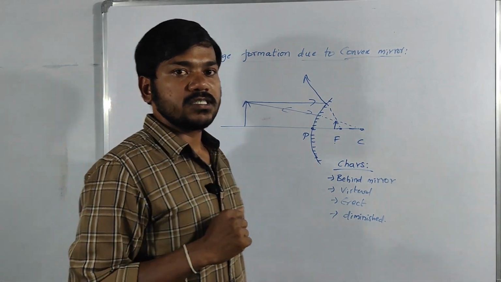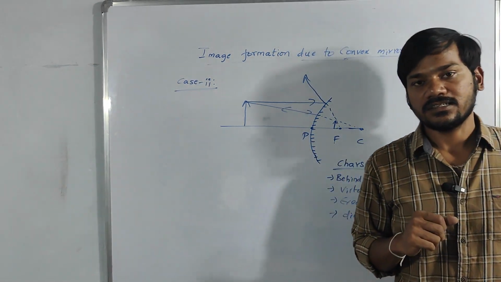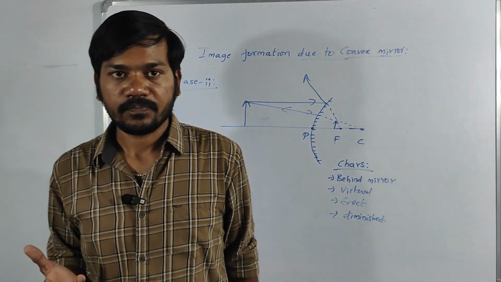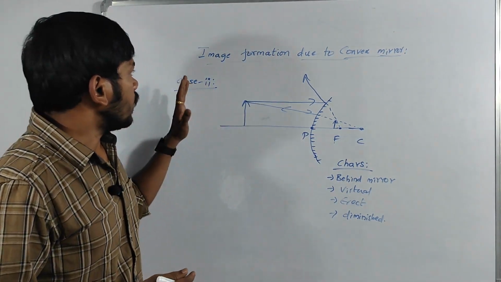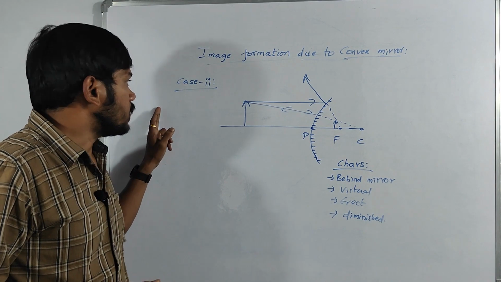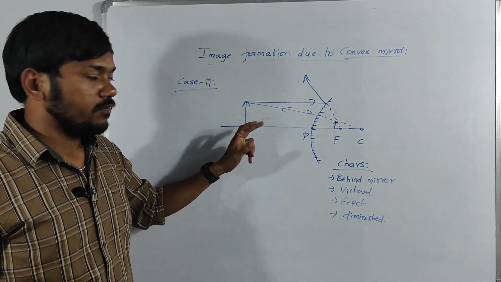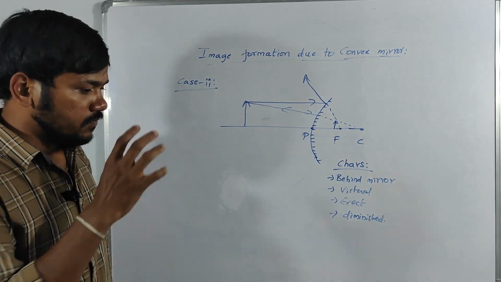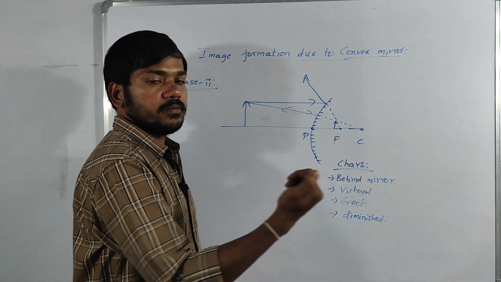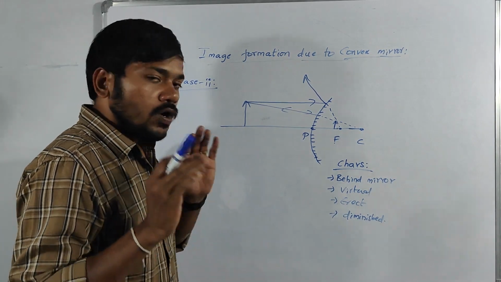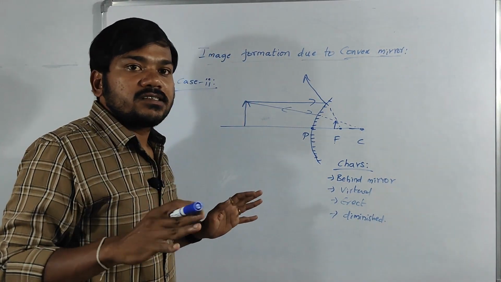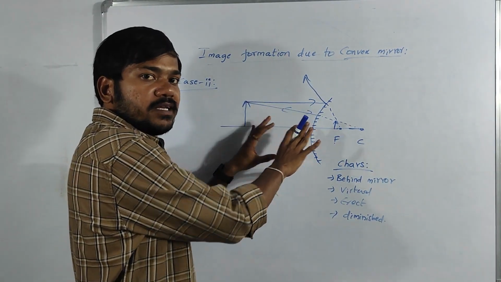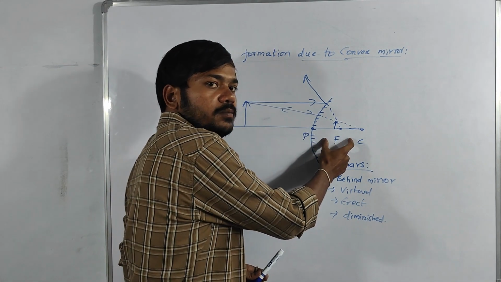And the second most important point to discuss is, it should have a wider field of view, right? That's why, in convex mirror image formation, second case, where the object is placed on the principal axis, we have n number of principal axes for the convex mirror used as a rear view mirror here. So all the bigger objects with a larger field of view will be covered on the convex mirror, and the smaller images of them will be formed.